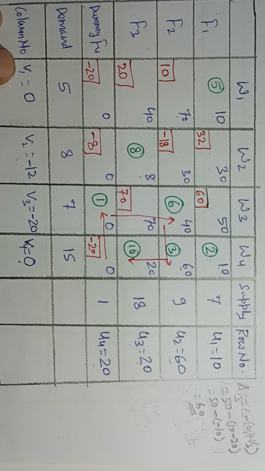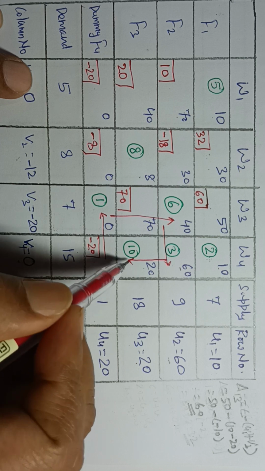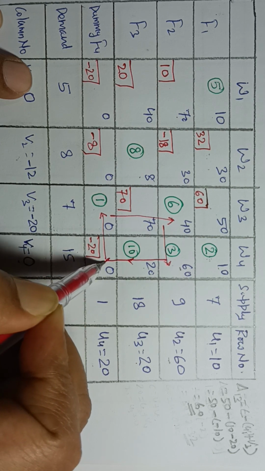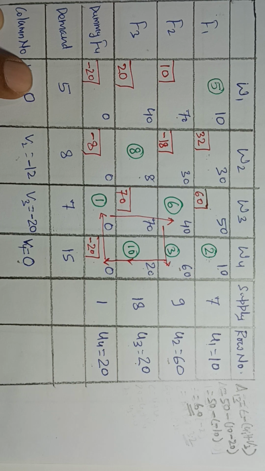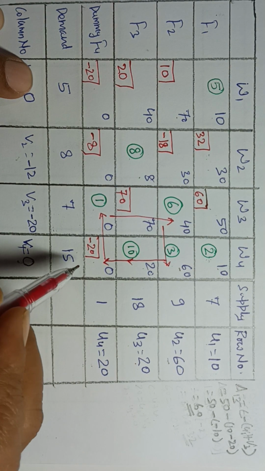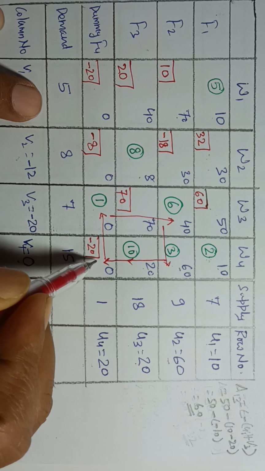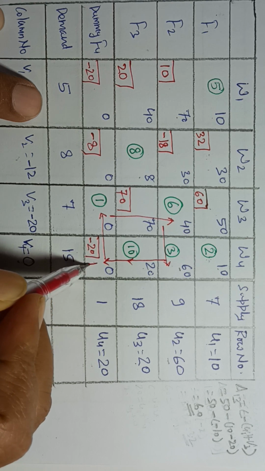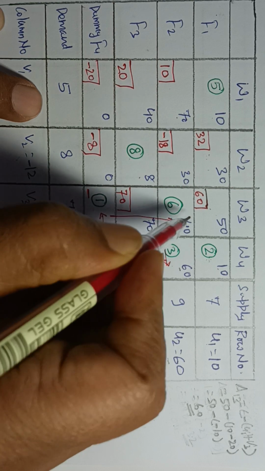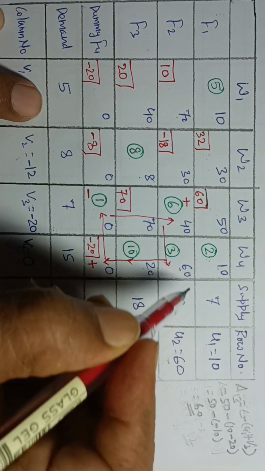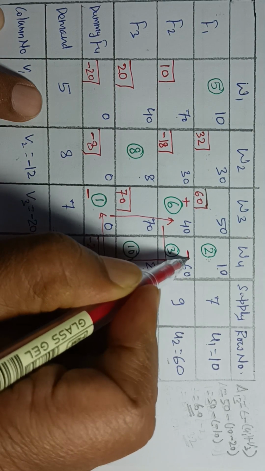So this is a closed loop. Now we will start putting plus and minus signs. So I'll start from here, plus, minus, plus and minus here.